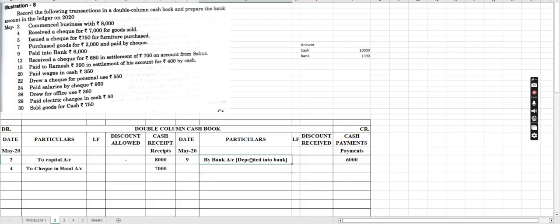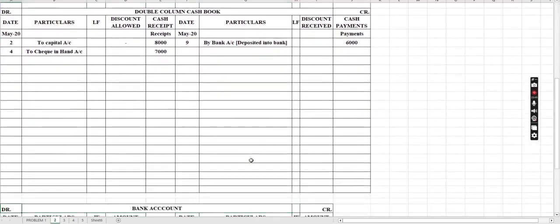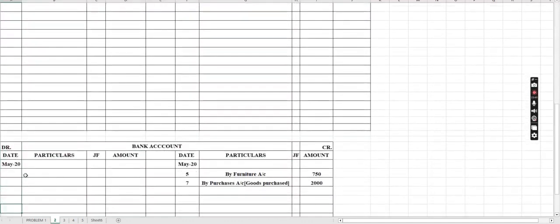Okay, it is deposited, so cash is reducing in our hand, but in bank on the same date cash should increase, right? So on 9th we are debiting that to what? To cash account. Why? Cash deposited into bank.